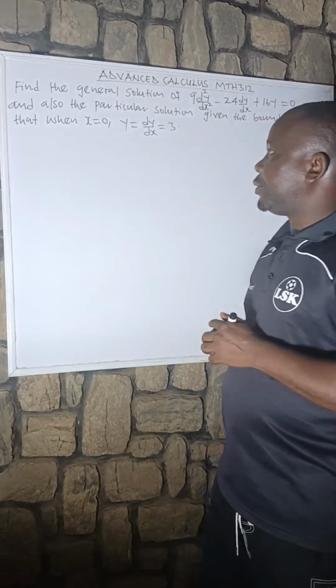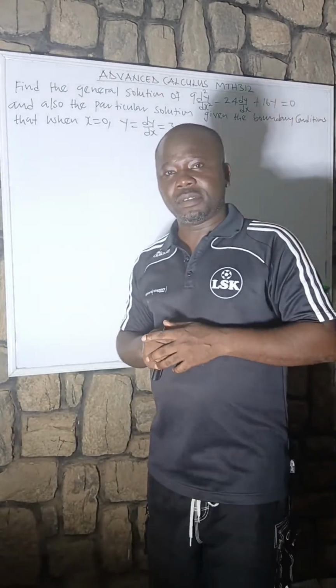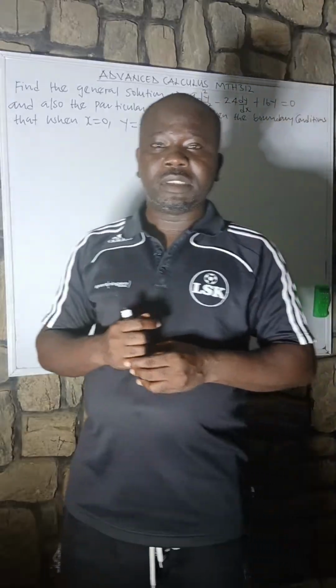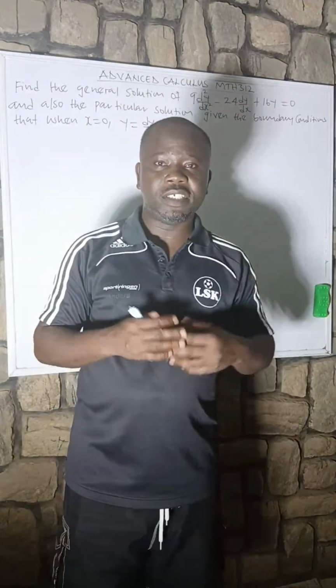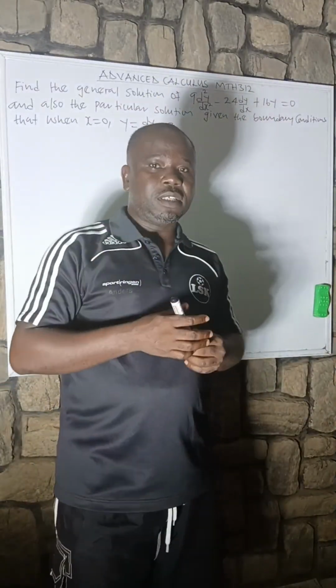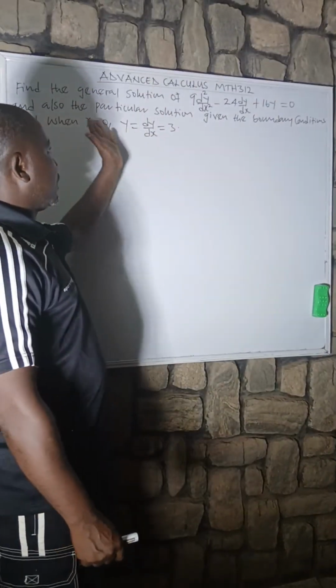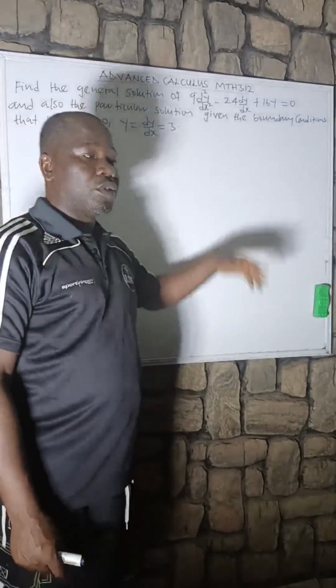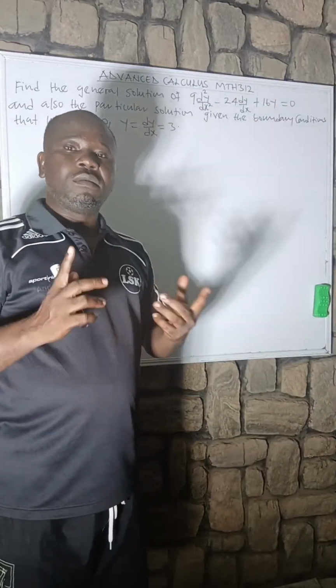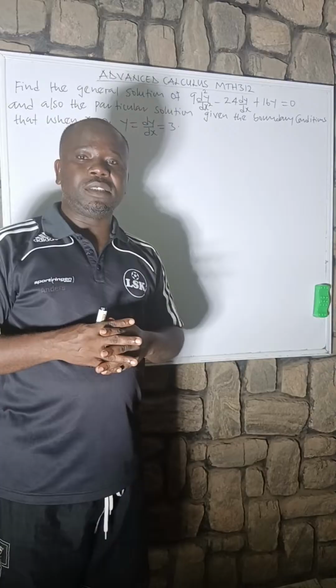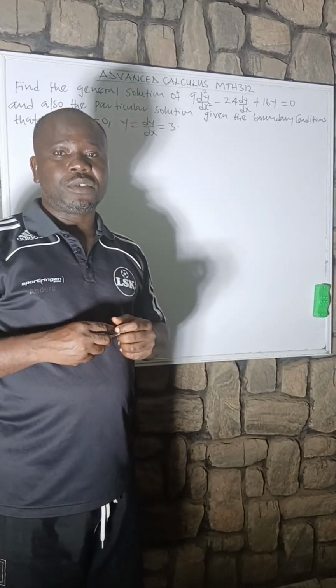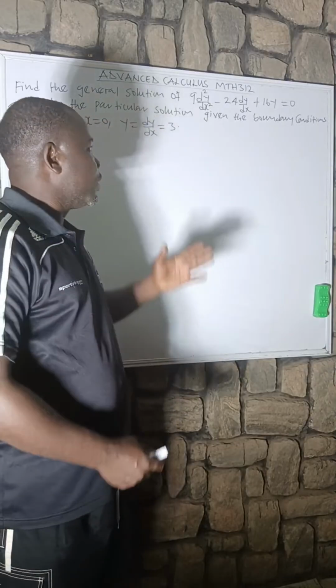Anywhere you are, differential equations have been a problem to a lot of mathematicians and engineers, most especially with boundary conditions. So we are going to look at it, and I'm going to use two methods, one numerical and the D operator method, to solve this problem.